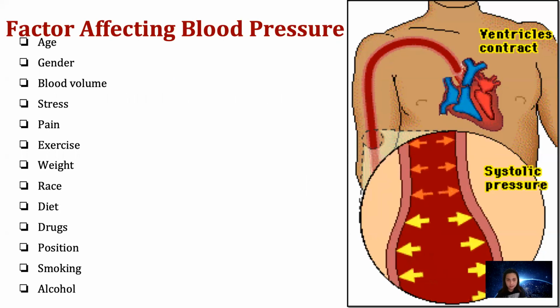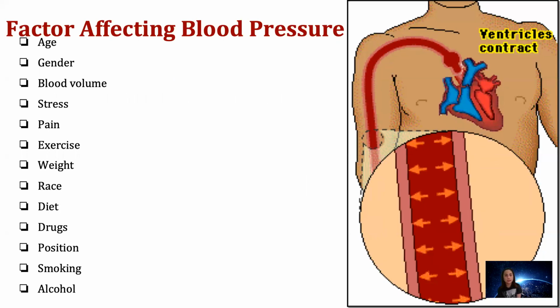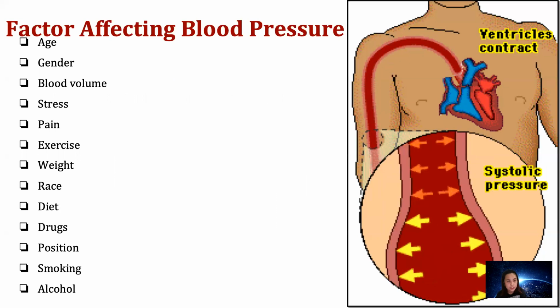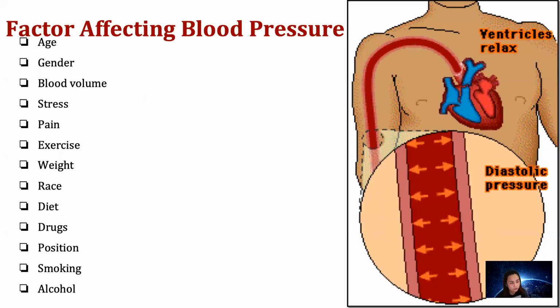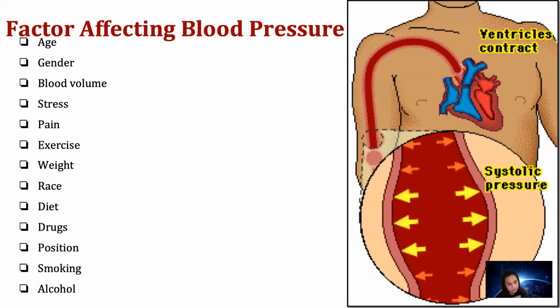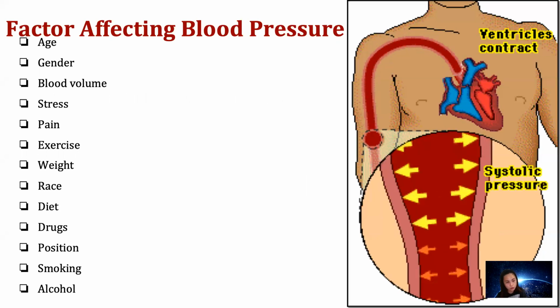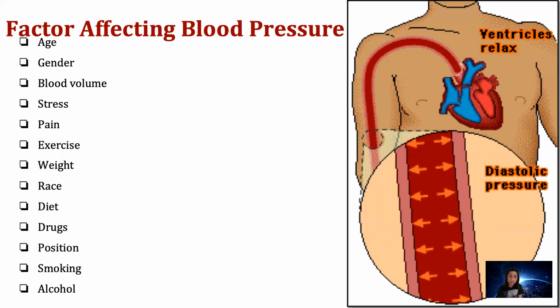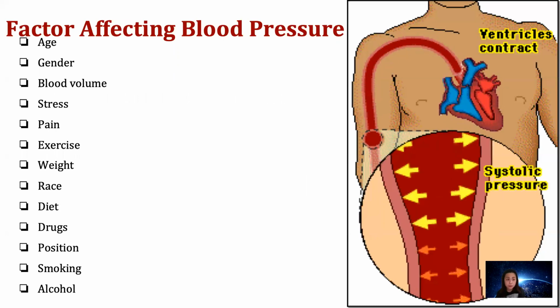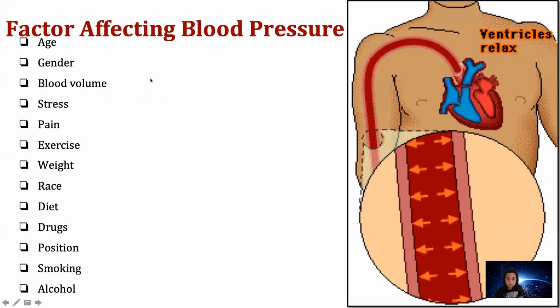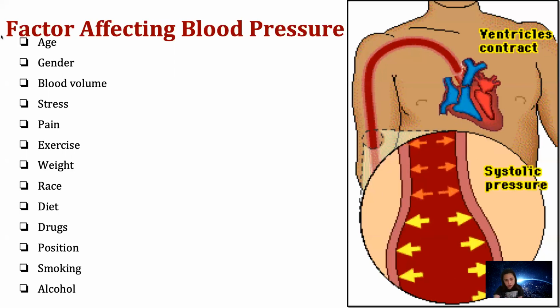So we have different factors affecting blood pressure. You have the age, gender, blood volume, stress, pain, exercise, weight, race, diet, drugs, position, smoking, and alcohol. As you age, your blood pressure will increase. Males have higher blood pressure than females, according to research.